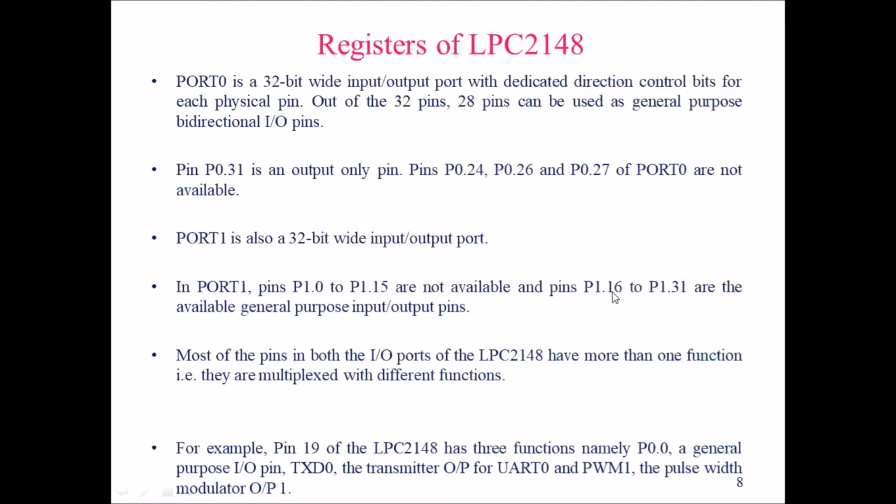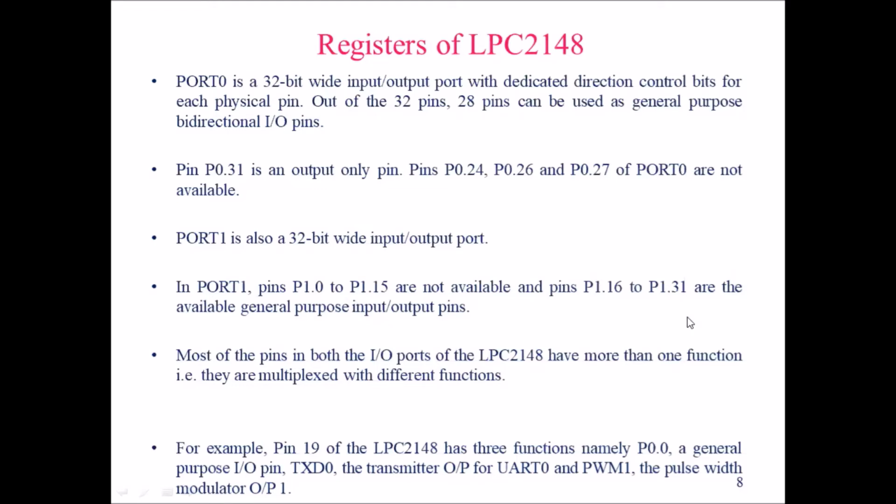Pins from P1.16 to P1.31 are the available general purpose input output pins. In port 1, you can make use of only these 16 pins in programming, the pins from 16 to 31.